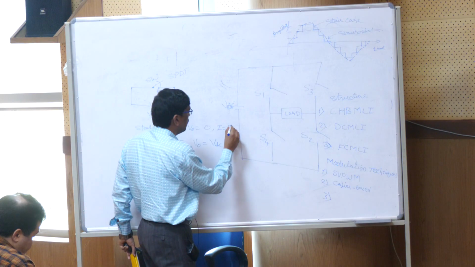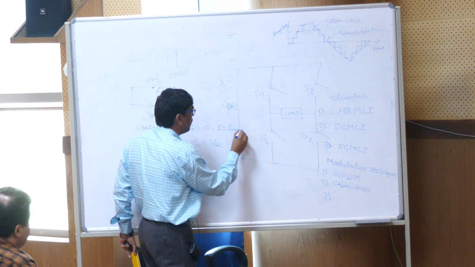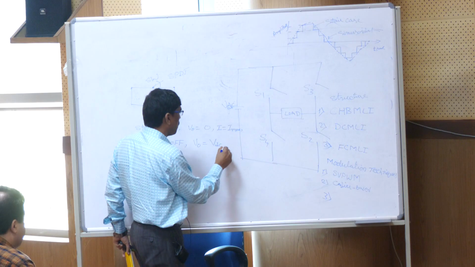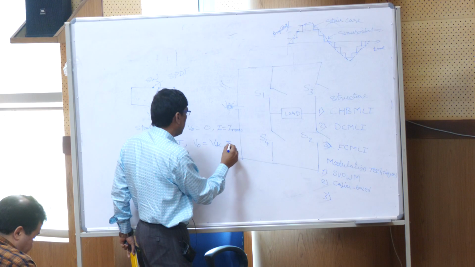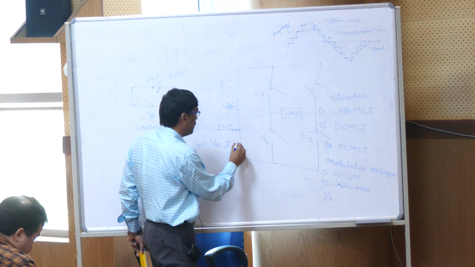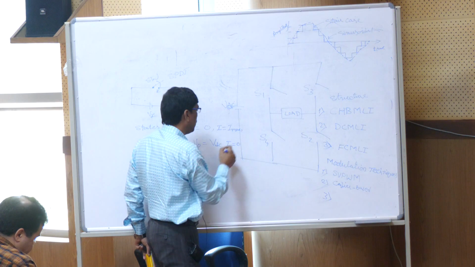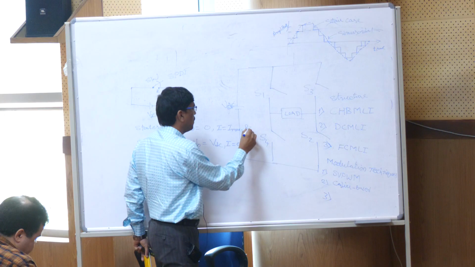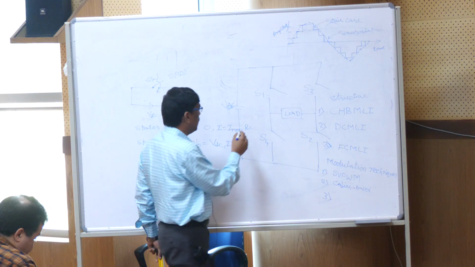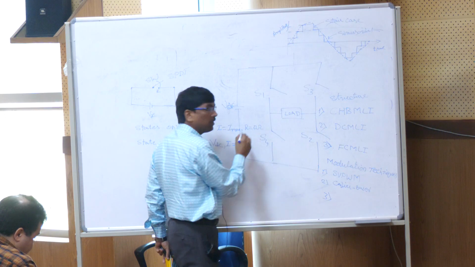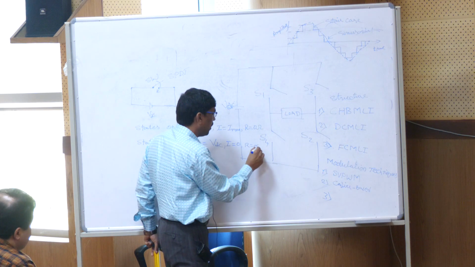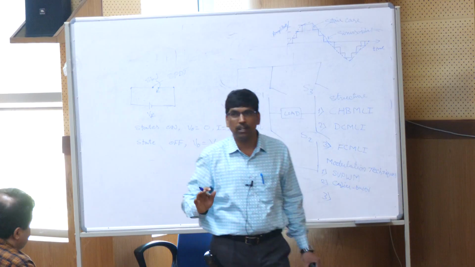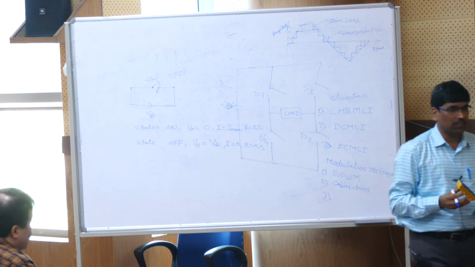Maximum, equal to the load current. In the off case it should be 0. The resistance here is minimum, 0 resistance in ideal cases, and here the resistance is going to be infinity ohms. That is what the ideal switches are.